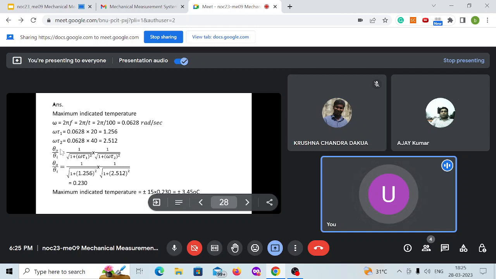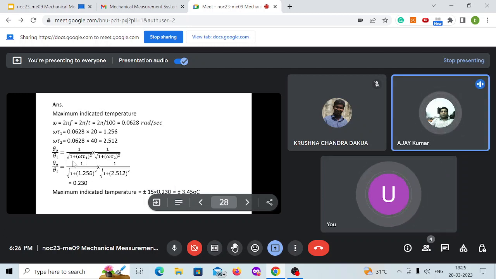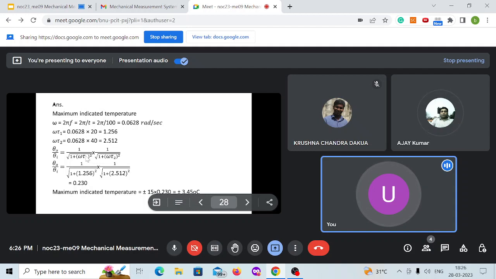Then we have the amplitude ratio. What will be the amplitudes of the output and the input? We know that the amplitude ratio is 1 by root over 1 plus omega tau 1 square, where tau is the time constant. It's happening in two stages, right? The thermometer is made up of two parts.